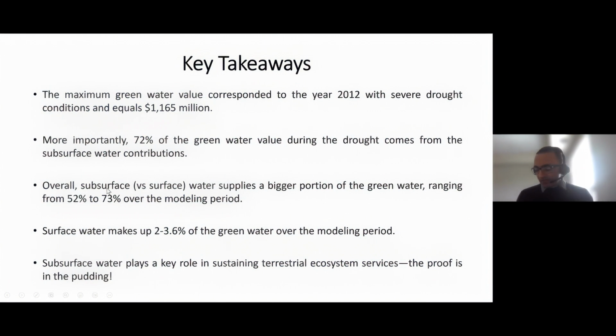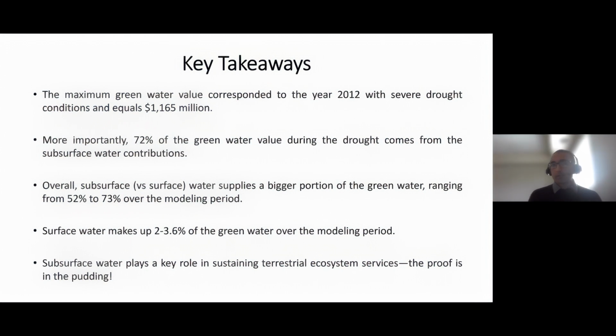So the key takeaways from the talk are that the maximum value for the green water was in the year 2012, and that was almost $1 billion per year. The most important thing is that out of that $1 billion, 72% of the value was coming from the subsurface water contribution.